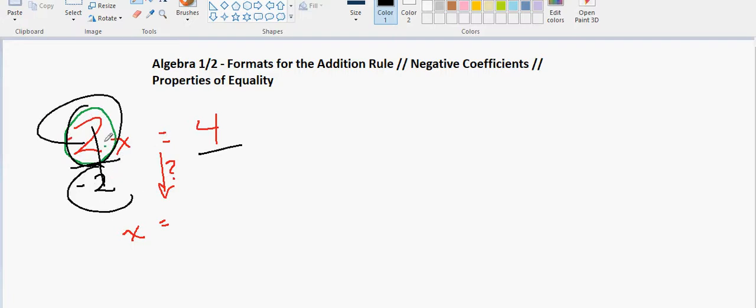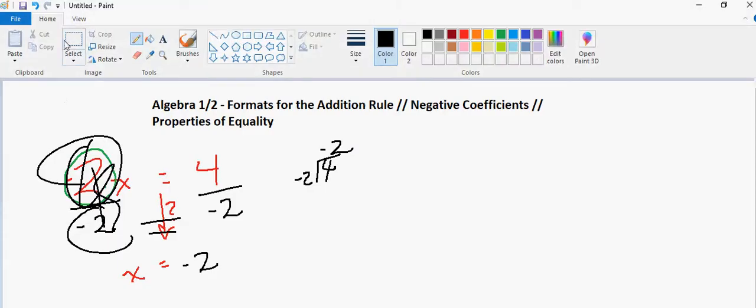That will cancel out this whole thing. So what do I need to divide by over here? Keep it simple, stupid. Negative 2. So what's my final answer? Negative 2. Okay. I'm just going to leave a little bit of that there for you to remember what we did.